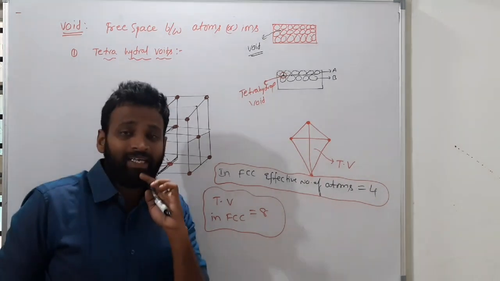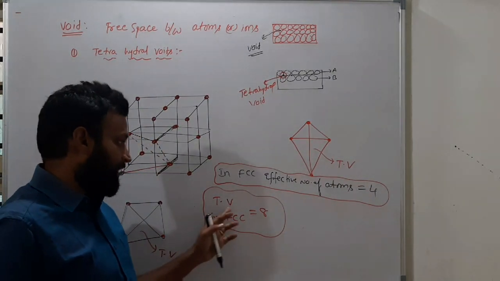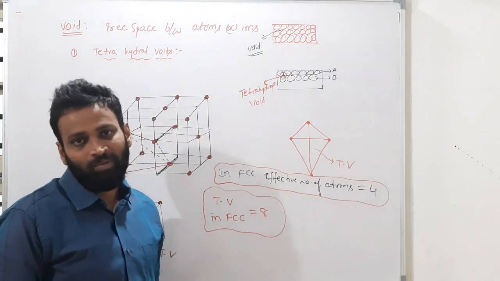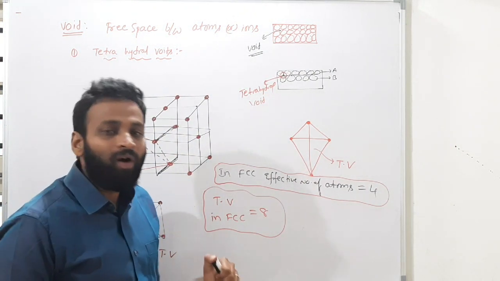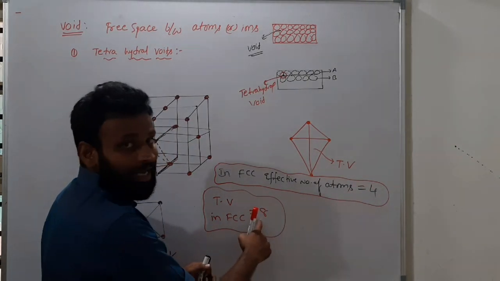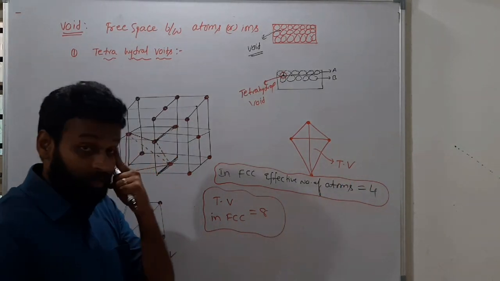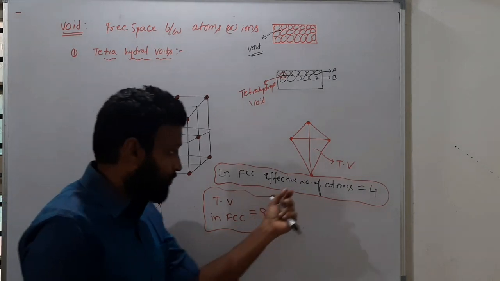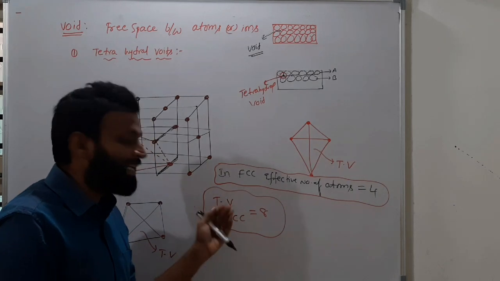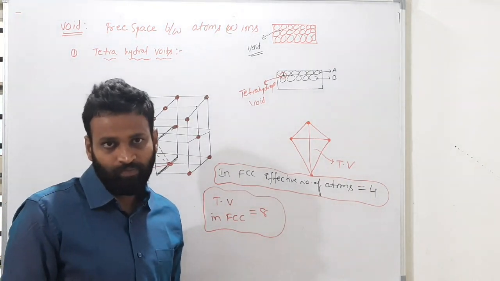Tetrahedral voids, how many form? 8 form. So what you can say from this is that you have double the tetrahedral voids than the effective number of atoms. So the effective number of atoms can be compared with the tetrahedral voids now.